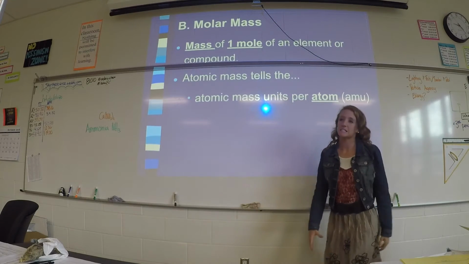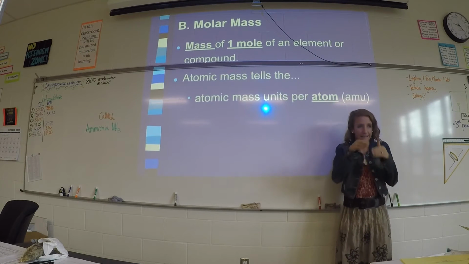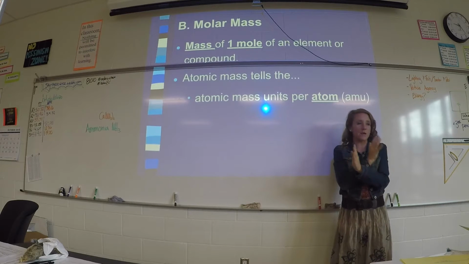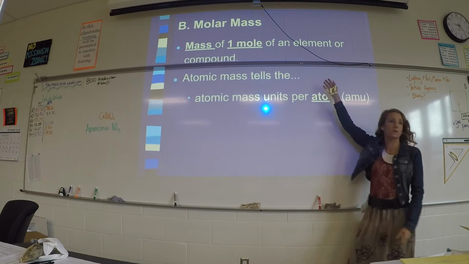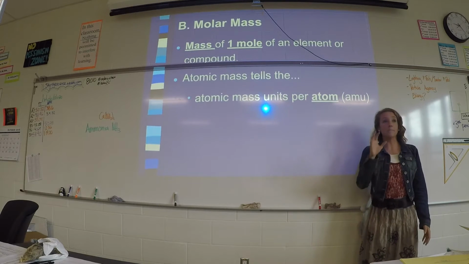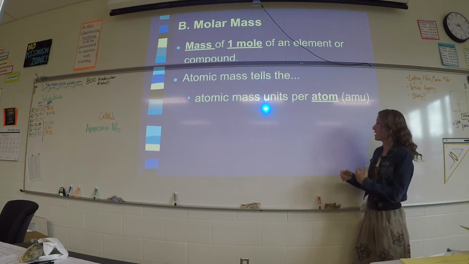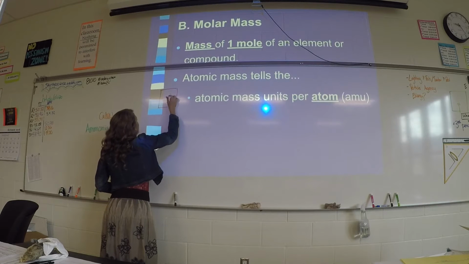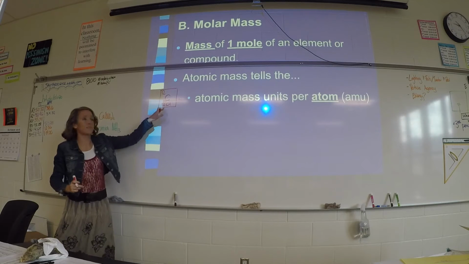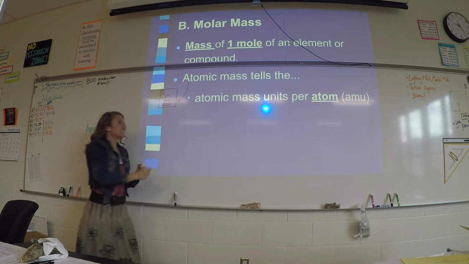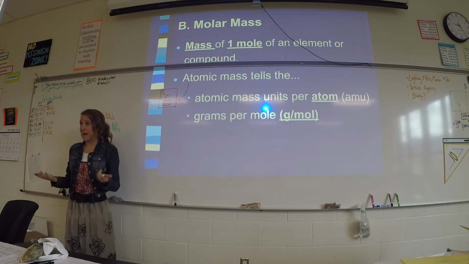How can we recognize this? We can't count a mole out. I can't go 1, 2, because I'd die before that happens. So the indirect way in which we can measure a mole is through what is known as the molar mass, and this is what was on your introduction assignment. A molar mass is found on the periodic table. When I look on the periodic table, let's say for carbon, this number on the bottom is known as the atomic mass, but it's proportional to the molar mass.